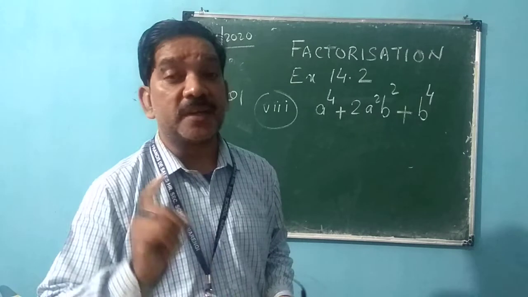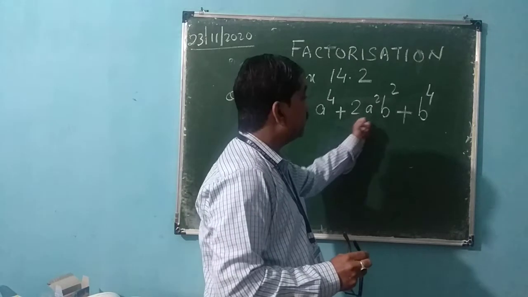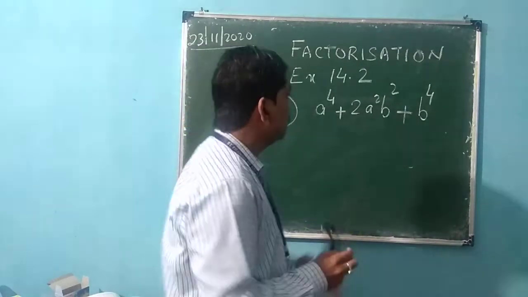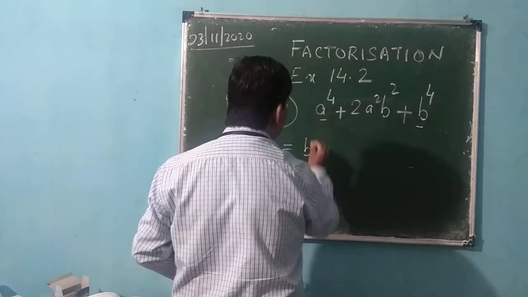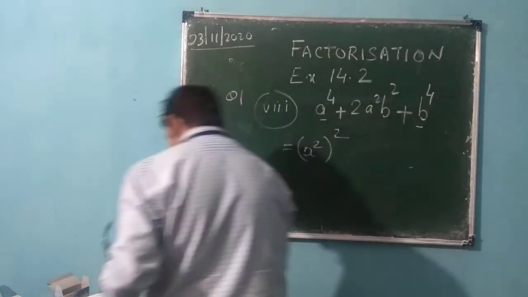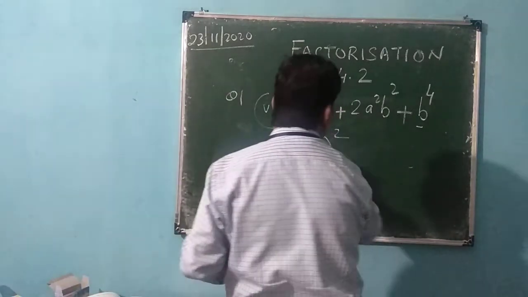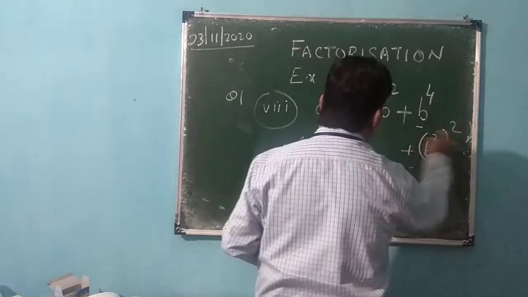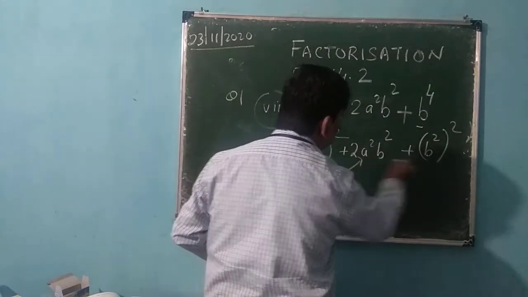Where are the two squares hidden? This term cannot be expressed as a square because 2 is there. 2 cannot be expressed as a whole square. So the other two terms, we can write as a square plus b square, a square b square plus 2a square b square. Now this a square is this term, b square is this term.